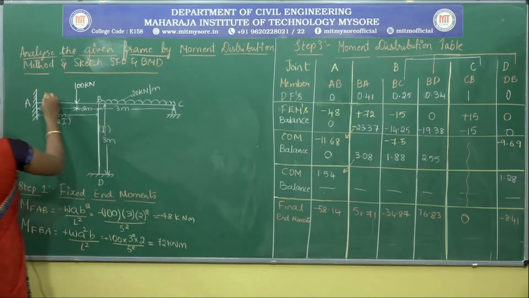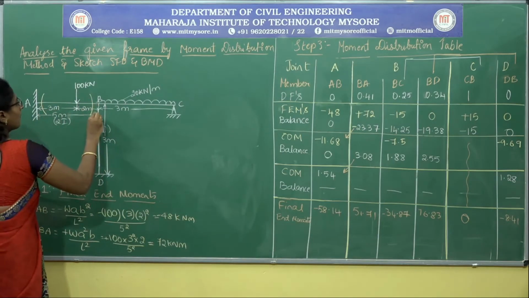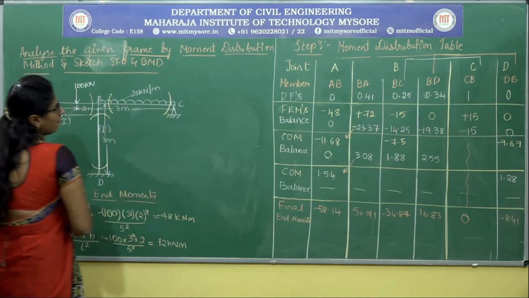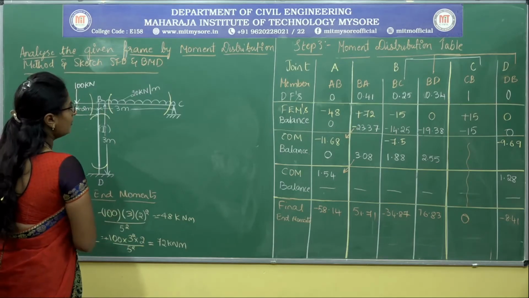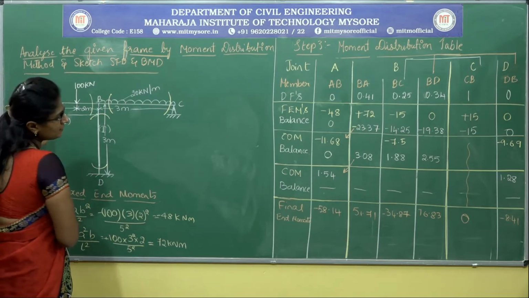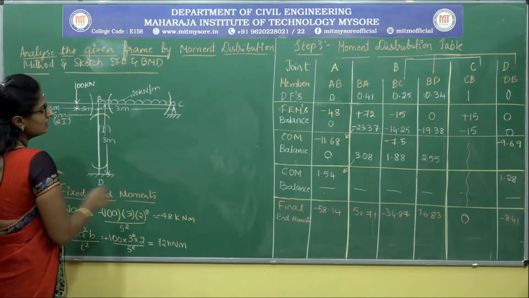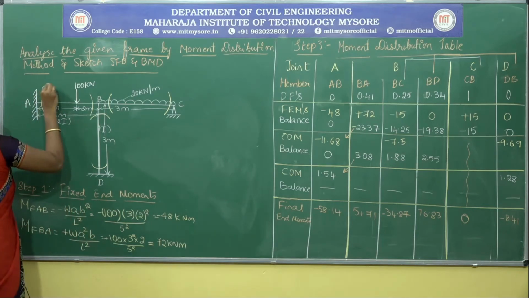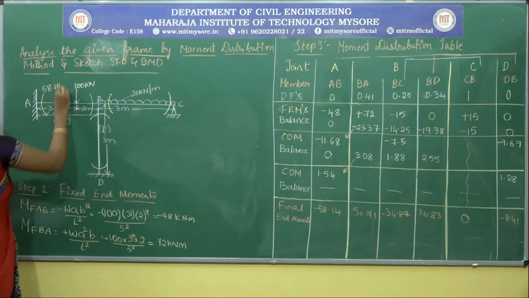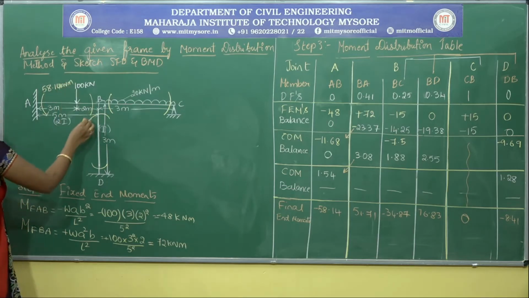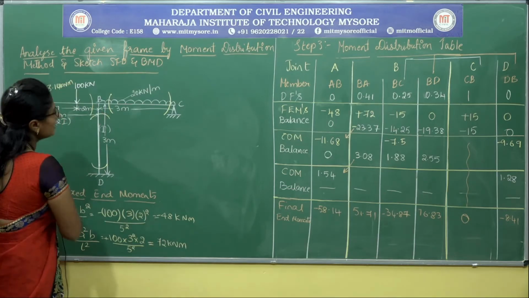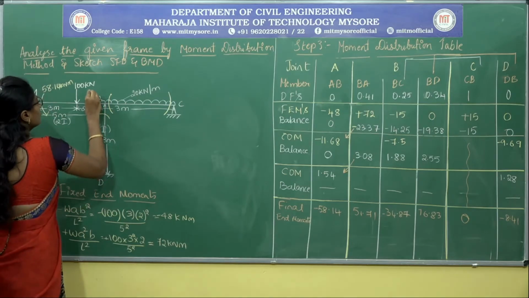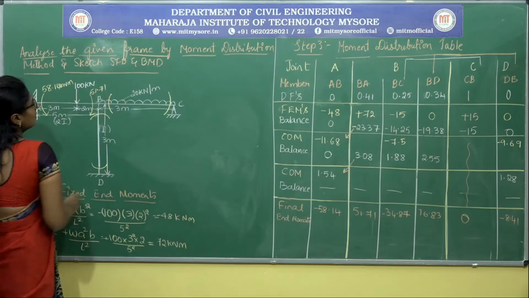So what all are the moments here? Final end moment for AB, minus 58.14. Since it is negative, we need to consider anti-clockwise direction, kilonewton meter. Then for BA, it is plus 51.71.